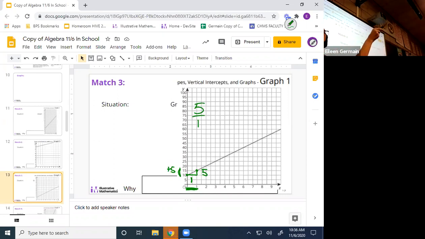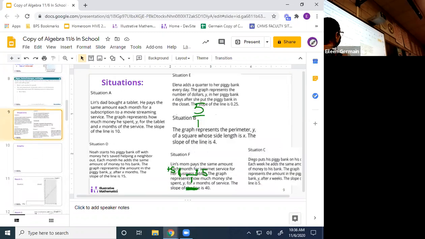Kyle, looking back at the situations up here, which situation had a slope of 5? Diego's situation, very good. If you look at the last sentence, the slope of the line is 5. Did everybody see that?